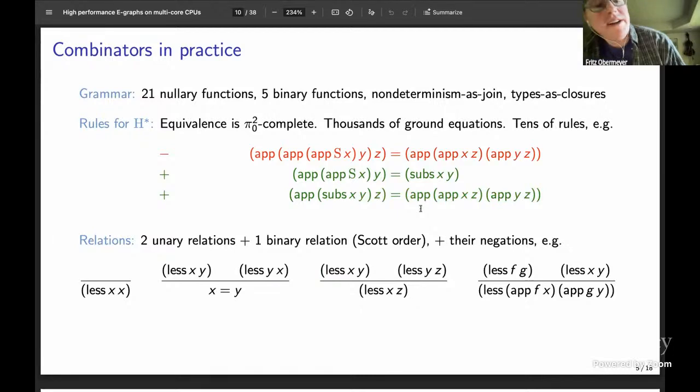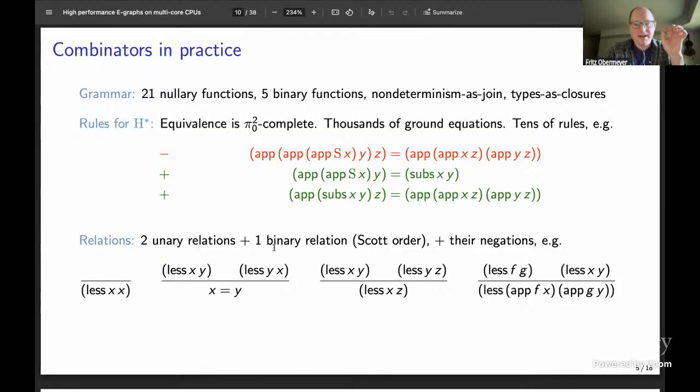And then finally, in addition to just function symbols, there's a really natural partial ordering on lambda terms. This is like Dana Scott's information approximation order. This is the order where if a term diverges, a non-terminating computation, you can think of that as the bottom element, and then you can refine that.